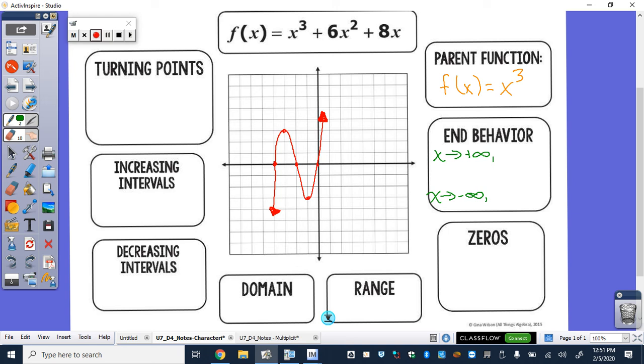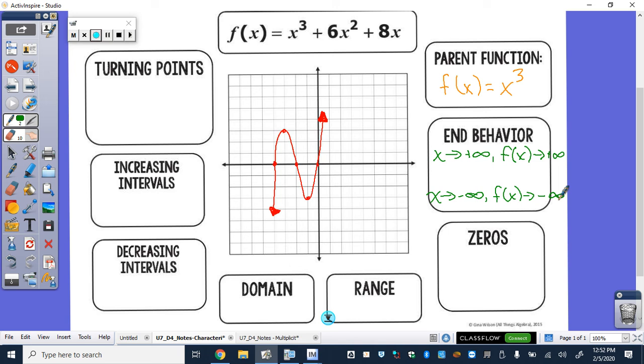So let's look at the right side. Which way is our graph going? To infinity and beyond. And then our left side, the graph is going where? Negative infinity, because it's going down.